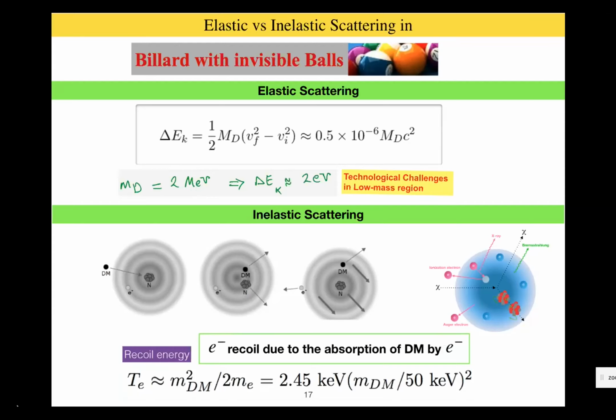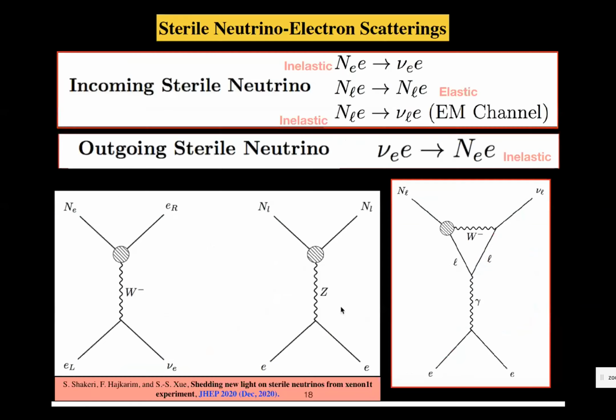You can imagine a dark matter particle can be absorbed by the electron and then emit a normal neutrino and an electron, and we can have such an interaction in our model based on the vertex that we introduced in the previous slide. Here you can see we could have an incoming sterile neutrino and an outgoing electron and neutrino.